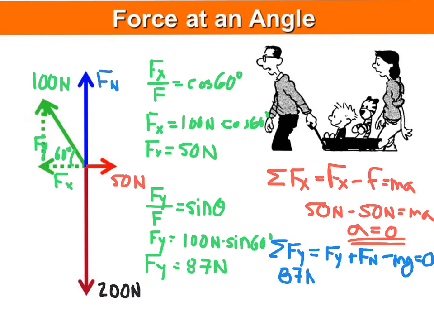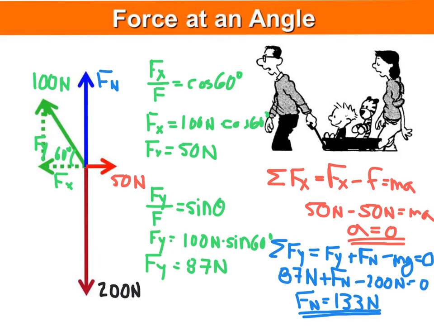That's Calvin's dad pulling up, 87 newtons, plus the normal force unknown, minus 200 newtons equals 0. So if we solve for this, the normal force now equals 133 newtons. He is effectively lifting this wagon up off the ground, causing it to be lighter, and because it is lighter, there's less normal force, there's less friction, it's easier to move.